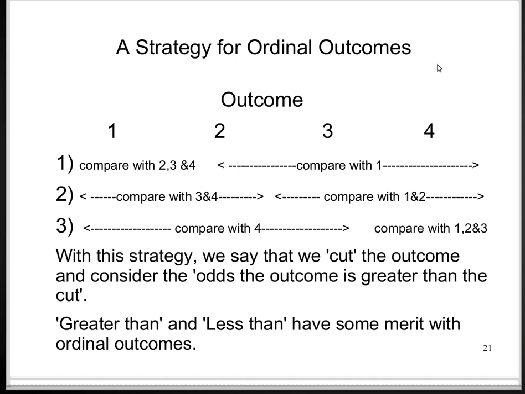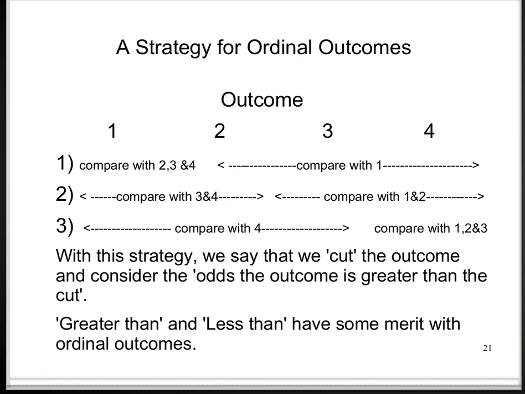In fact, one approach that, as we're going to see as we move forward here, has gained quite a bit of attention, and justifiably so, is the analysis of an ordinal outcome based on the notion of a cut. In other words, we'll establish the splitting of this outcome based on the separation between 1 and the other 3, 1 and 2 and 3 and 4, which we've seen before, and 1, 2, and 3 with 4. In other words, the cuts determine the analyses that we would like to consider.